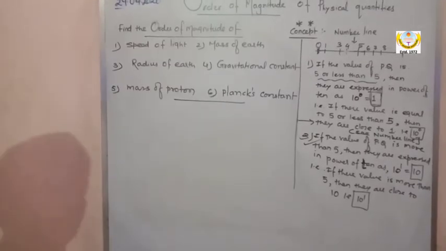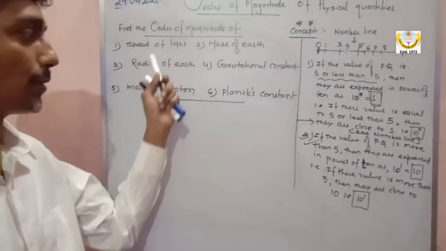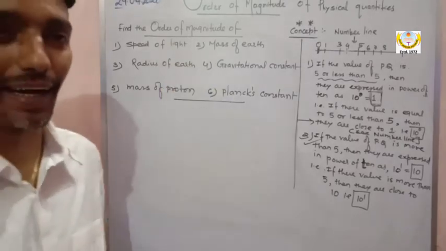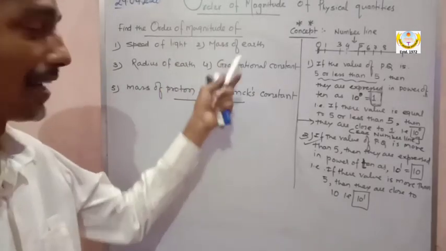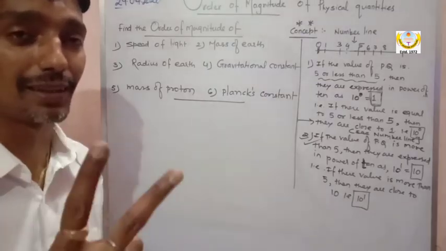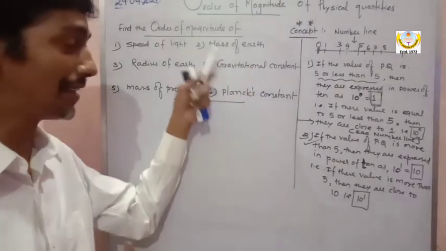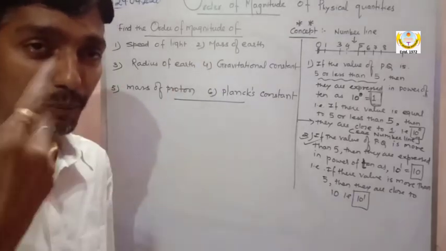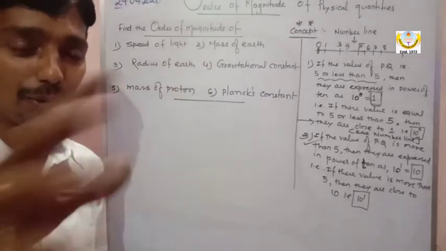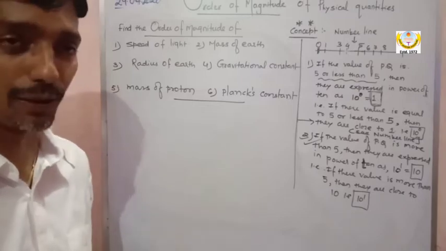Now my dear, let us find out the order of magnitude for these quantities. Sometimes the questions are like this, and here two concepts are required. One, we should know their values, because earlier in the examples I was giving the value from my side and asking you to rearrange it and get the order of magnitude.